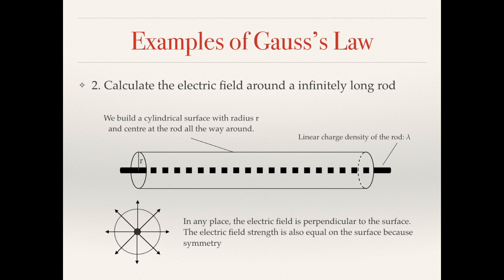As shown in the graph below, in the cross-section view, at any place the electric field is always perpendicular to the surface, which is parallel to any dA. The electric field strength is also equal on the surface because of symmetry.